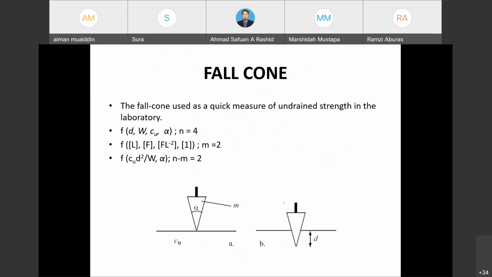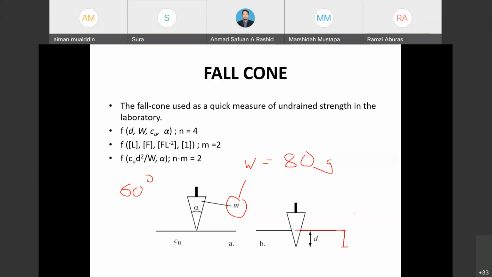In this case, the M has been converted to W because normally for the liquid limit the weight of the cone is about 80 gram. While alpha is the angle of the cone, which is normally 60 degrees. Cu is the strength that we can determine. And at the same time, we may also determine the depth of penetration.